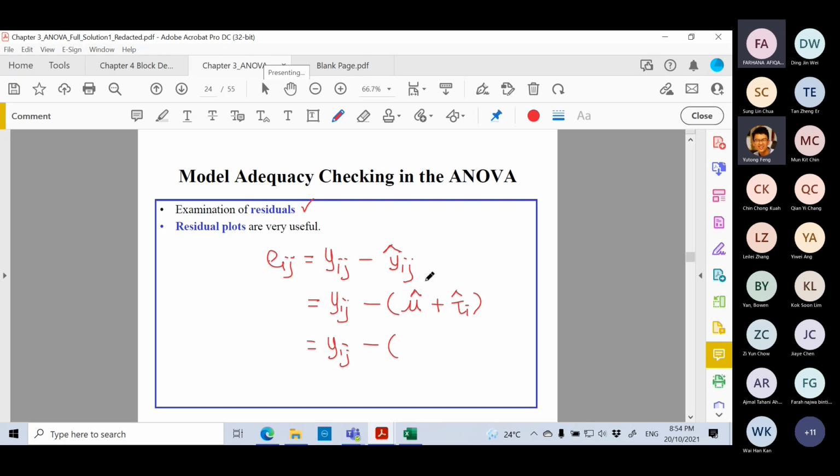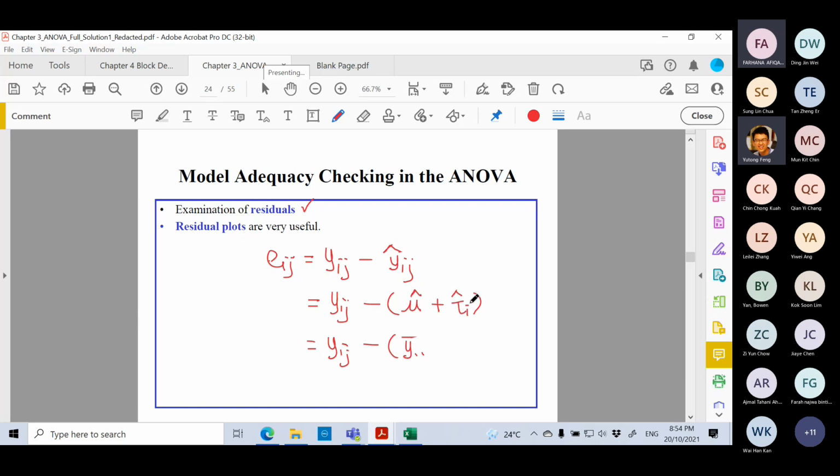So how are you going to estimate the overall mean? You can estimate the overall mean using Y double dot bar, because you can calculate the overall mean from the sample. Therefore, the good estimate for the overall mean is here.